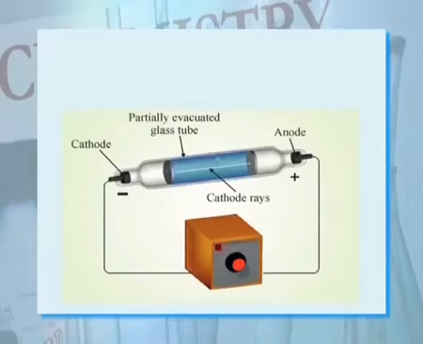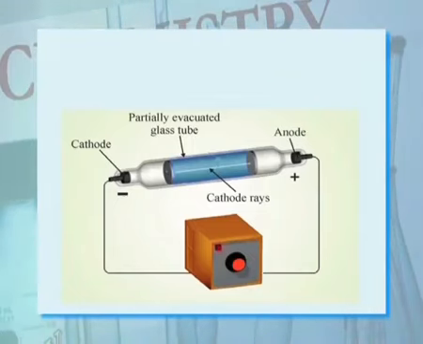The negatively charged electrode is called cathode, whereas the positively charged electrode is called anode. These electrodes are connected to a high voltage source. Such a cathode ray tube has been shown in figure below.